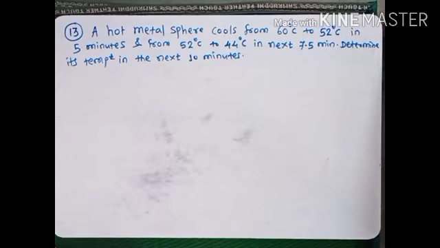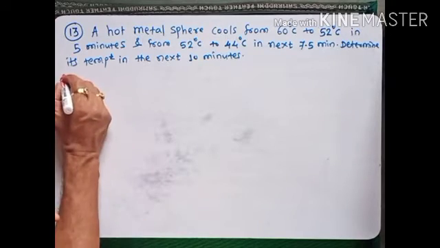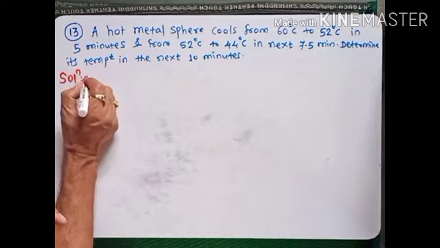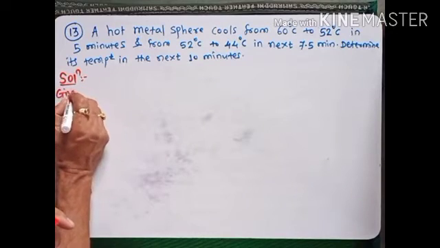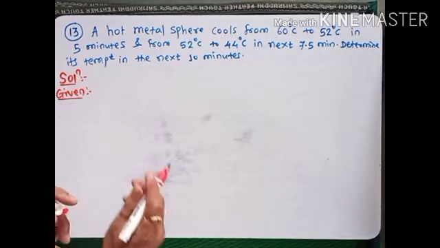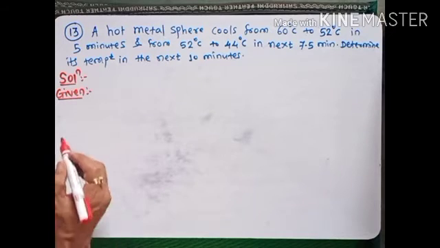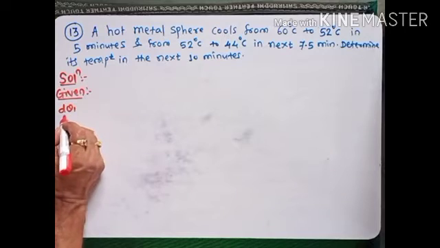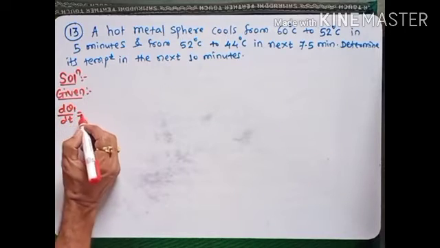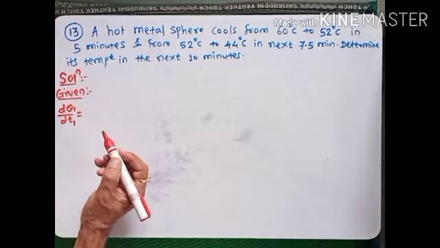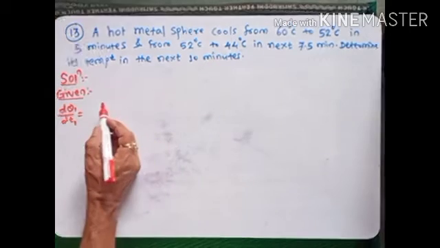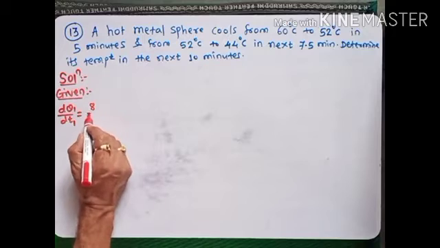This is our example. Now we are going to solve this example. Here we will write the solution. In that, first we will write the given. A hot metal sphere cools from 60 degrees centigrade to 52 degrees centigrade in 5 minutes. That means d theta 1 upon dt1 is equal to 60 minus 52, which means 8 divided by 5.